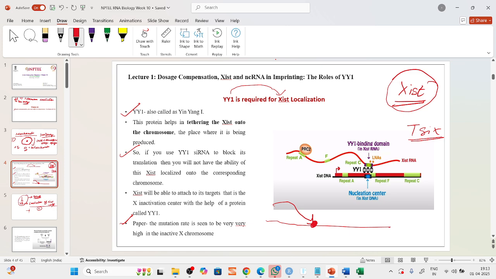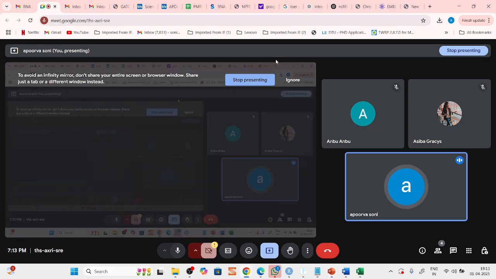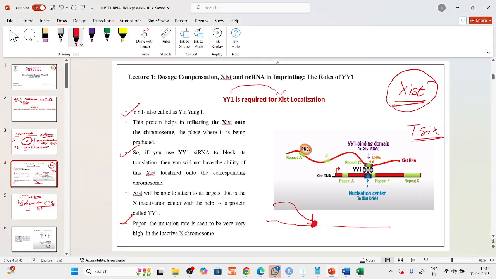So even if there is a mutation in the inactive X chromosome, it is not going to affect the body's expression of proteins. Nature has made itself in such a way that most of the mutations happen in the inactive X chromosome, so that the active X chromosome is untouched and remains as it is.